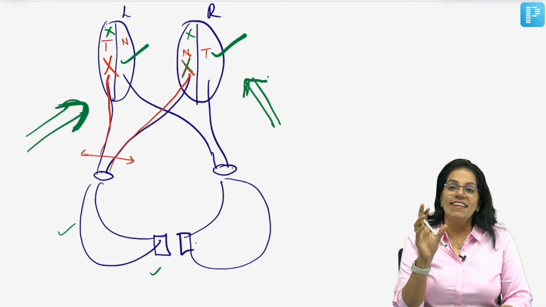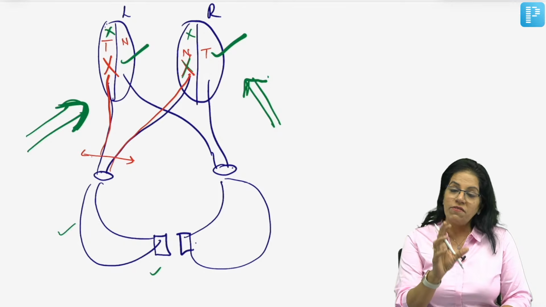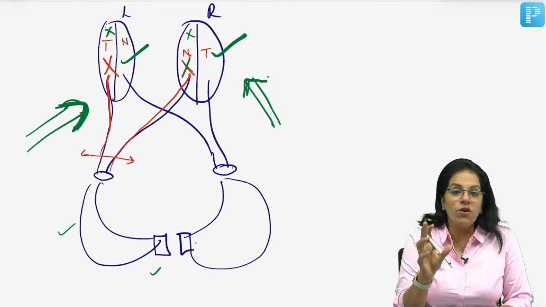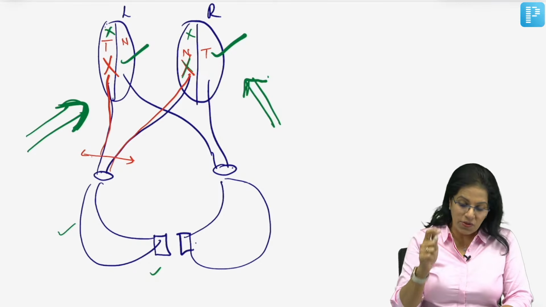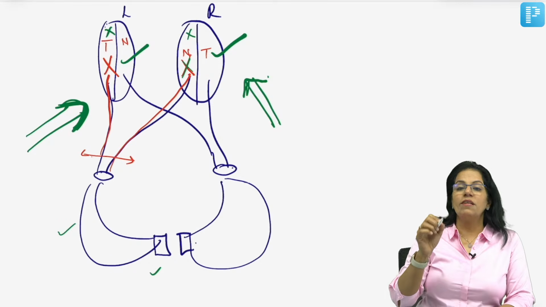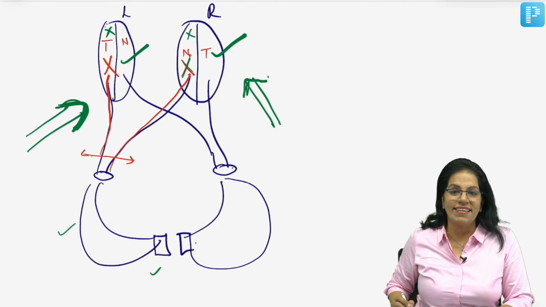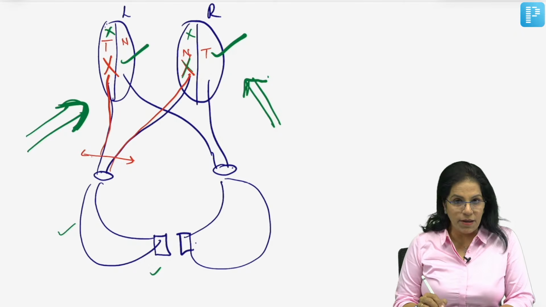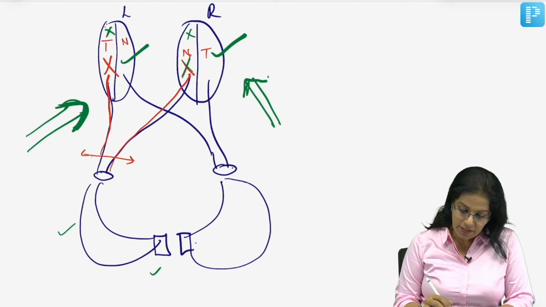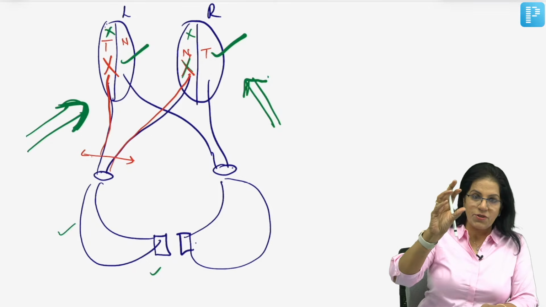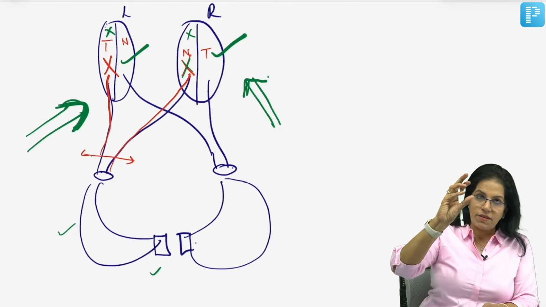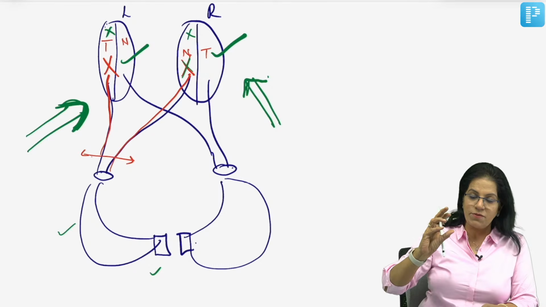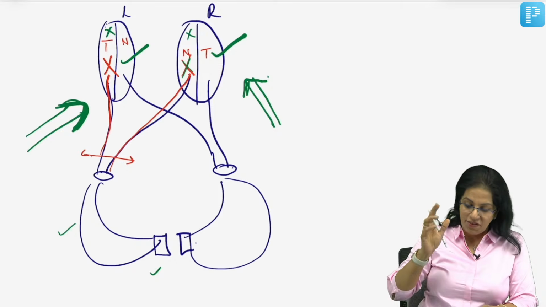Because when we are talking about hemianopic pupil, it is only a feature of tract lesion and not of radiation and cortical lesion. Why? Go back to your pupillary light reflex pathway. Talking about the pupillary light reflex pathway, what do you see? When you show the light to your retina, the impulse is travelling from the retina to the nerve to the chiasma to the tract. Then what happens?